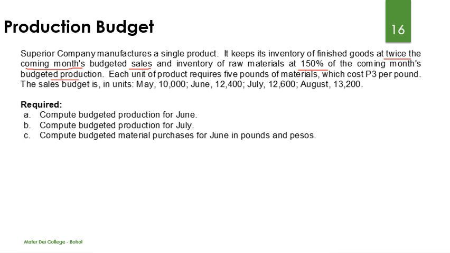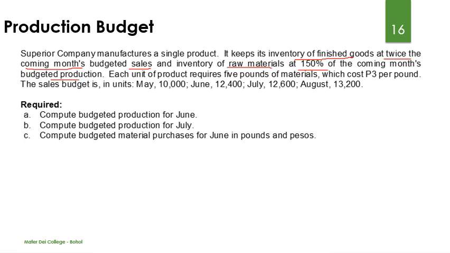Remember that the finished goods is different from the raw materials because the finished goods already has the raw materials, the labor, and the overhead, while raw materials only has the raw materials. It's not yet converted. Okay, and they have different base. So for the finished goods inventory end it's sales, while for the raw materials end it should be budgeted production.